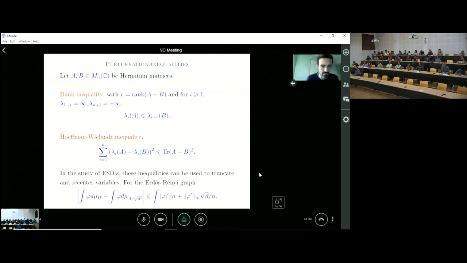This can be used to compare the recentered variable. For the Erdős-Rényi graph, for example, if H is my recentered and rescaled matrix, testing the empirical spectral distribution mu_H against the function phi is essentially the same as testing this test function against the measure of A divided by square root of d, and the error you make is of order 1 over n.